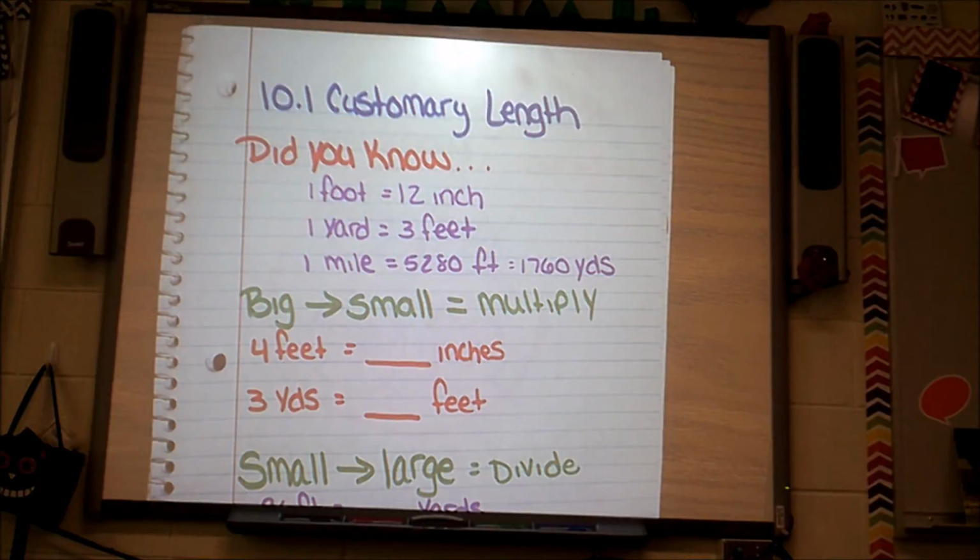So I'm going to multiply for that conversion, because I'm going from something big, a mile, to something small, a foot. Now, reversing that situation, if I want to go from something very small, like an inch, to something large or big, like a foot or a yard, then I'm going to divide.